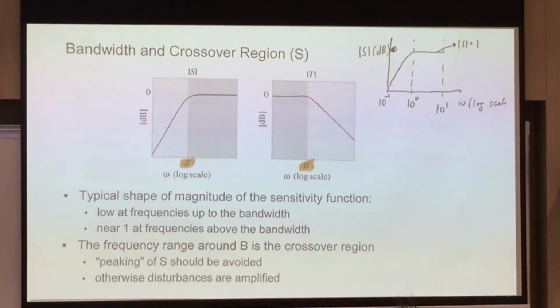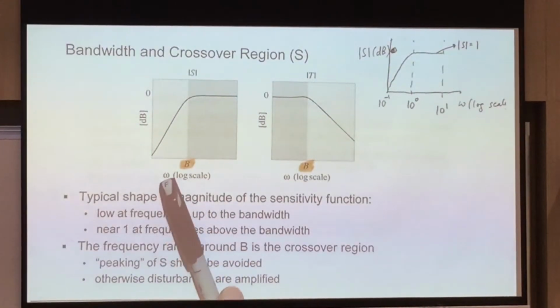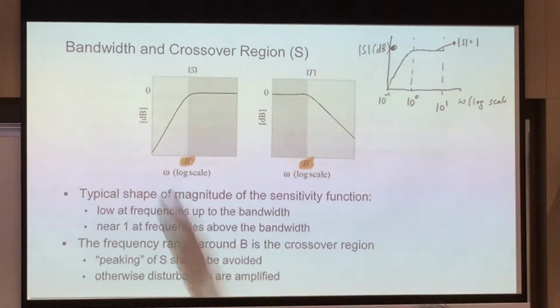Alright, does it make sense? Because if you look at the sensitivity function for omega from 0 to B, S is small. The complementary sensitivity function for omega from 0 to B, T is 1. So you have perfect tracking, okay, and very good disturbance attenuation.